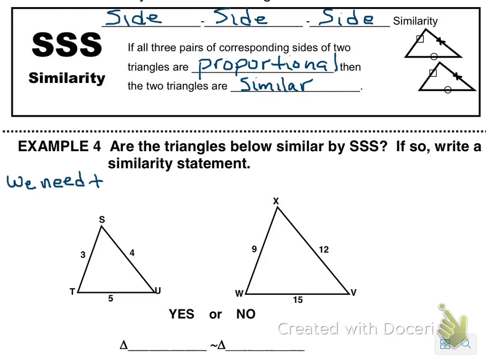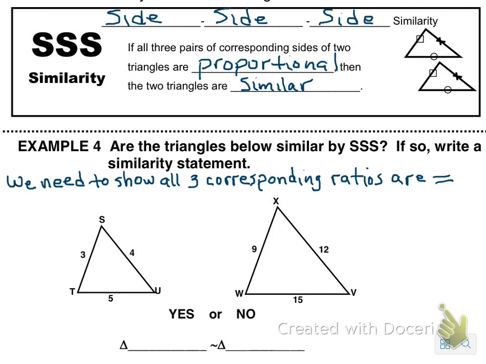Well, that means if I write ratios for the corresponding sides, all of those ratios will be equal. So let's look and see how that works. What we need then, for example 4, is to show that all three corresponding ratios are equal.